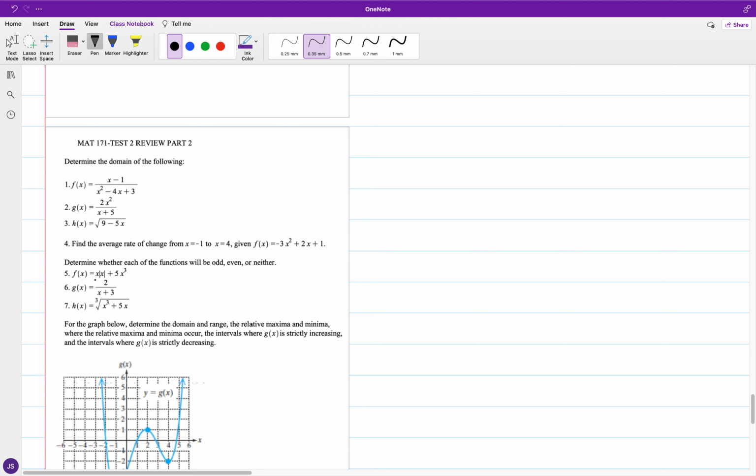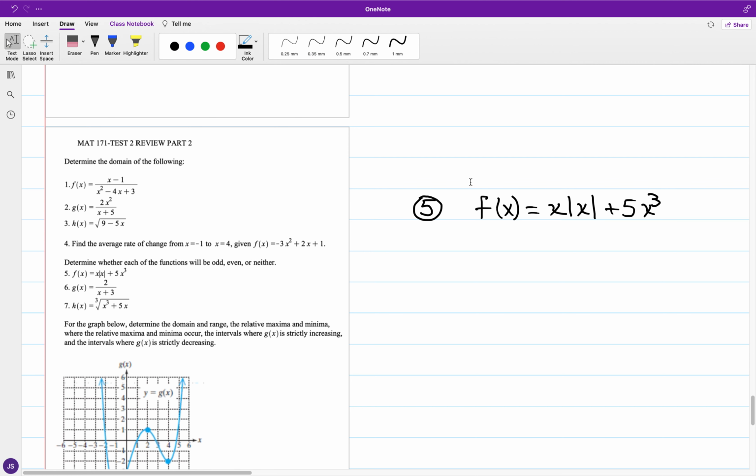we have the function f of x is equal to x times the absolute value of x plus 5x cubed. All right, so we have f of x, x times absolute value of x plus 5x cubed.